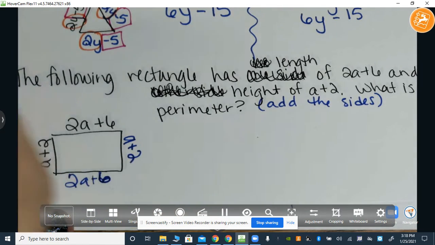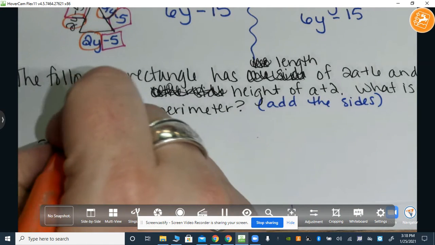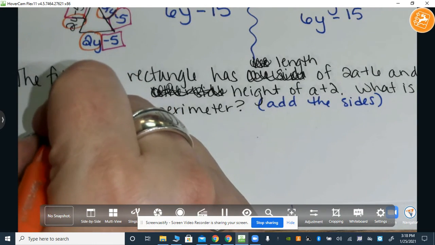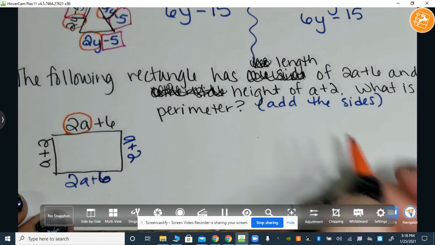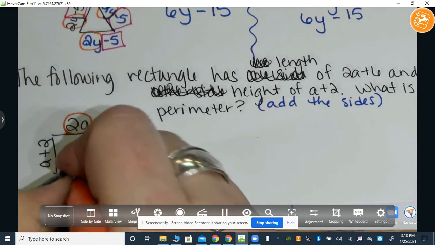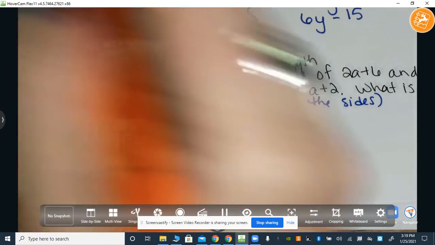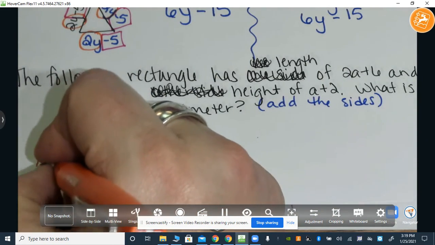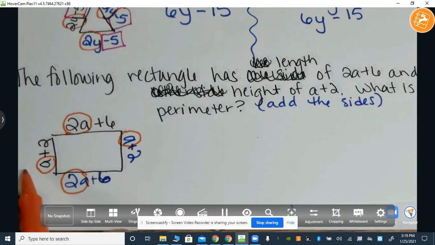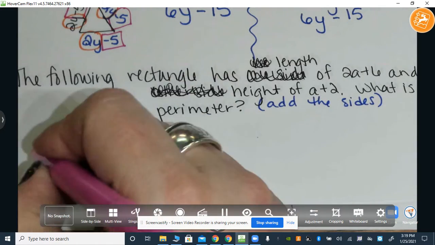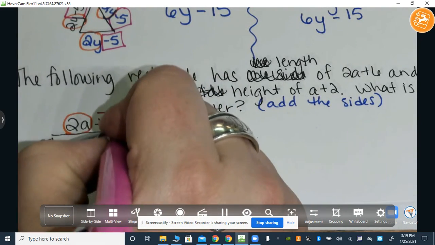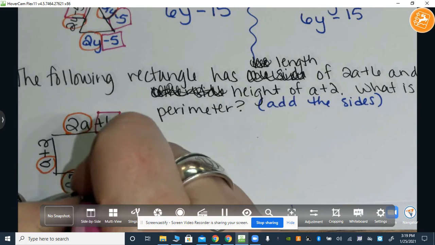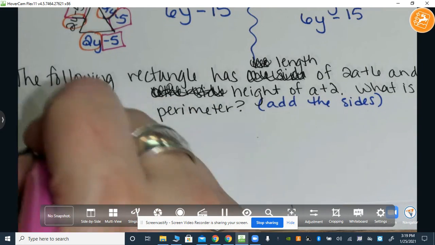and this side is a plus 2. All right, now if I'm looking for my like terms, I have 2a here and another 2a there. And I have an a here, which I'm going to combine, and an a here. That would be like 1a and 1a. Okay? And then I have these single digit numbers: plus 6 and plus 6, plus 2 and plus 2.